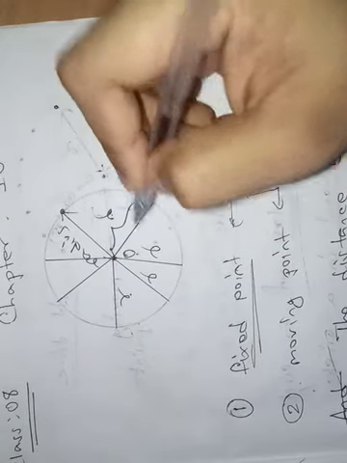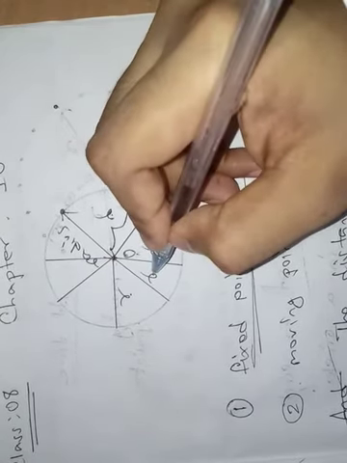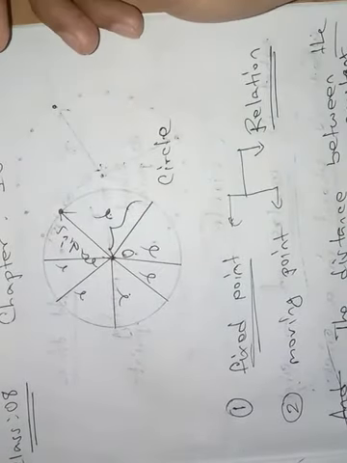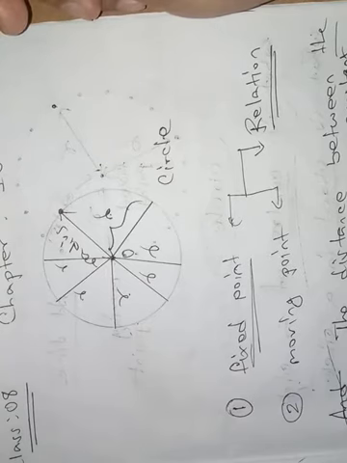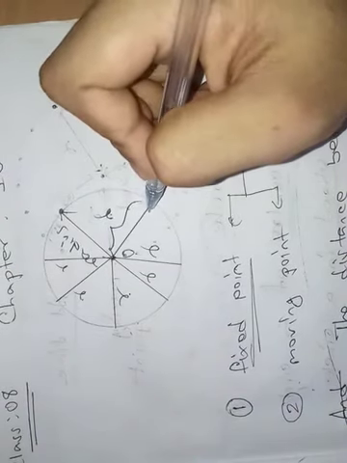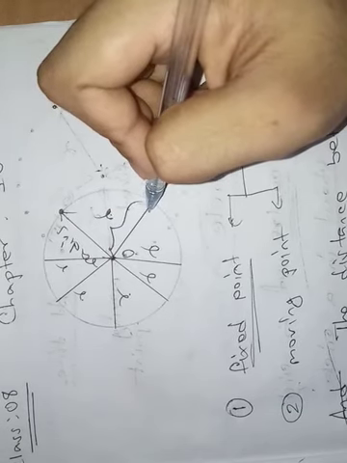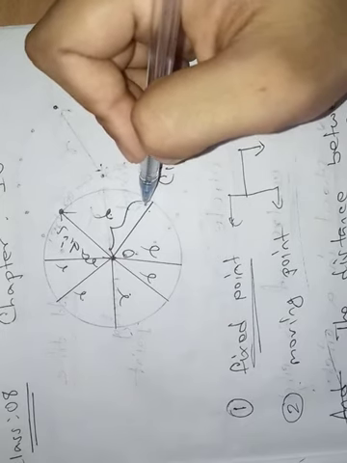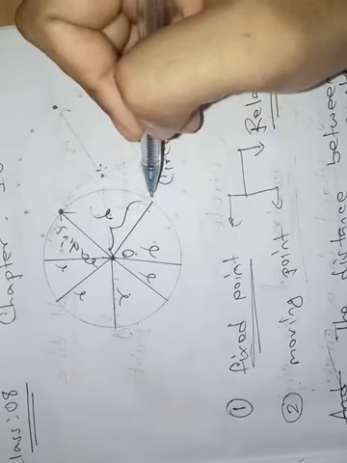This one is also R, this one is also R, everyone is R, because to be a circle this distance should remain constant, and we call that constant distance radius.